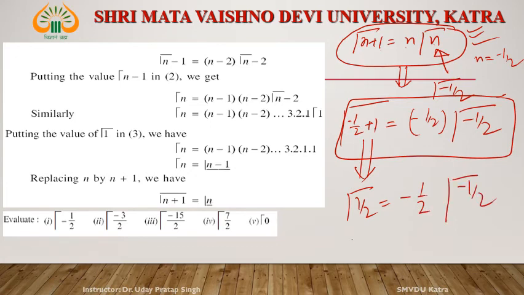And gamma 1 by 2, I already told you, is square root of pi, which we will prove in our next lecture. So this is gamma 1 by 2 into minus 2, which is equal to gamma of minus 1 by 2. So this is the value of gamma of minus 1 by 2. In this way, can we find gamma of minus 3 by 2? Is it possible?